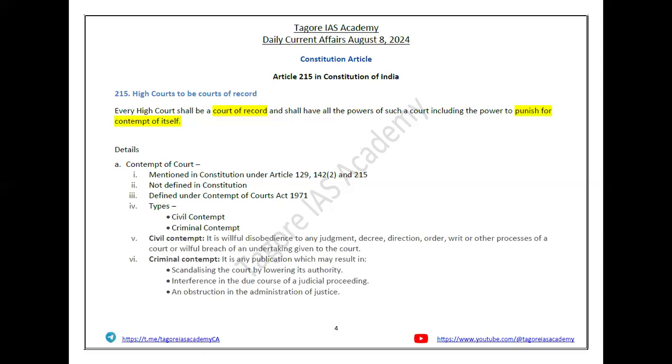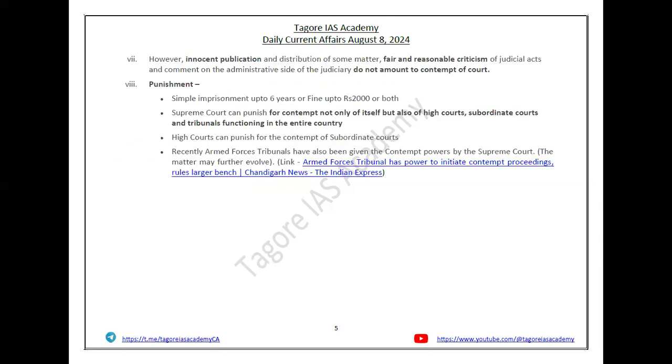Now, publishing something has to have a background that it either scandalizes the court or it creates an interference or hindrance in the proceedings of the court. Then only it will be treated as contempt. What are the punishments?